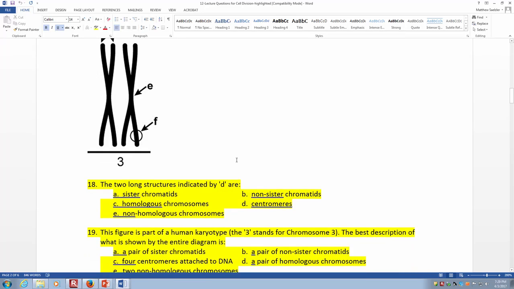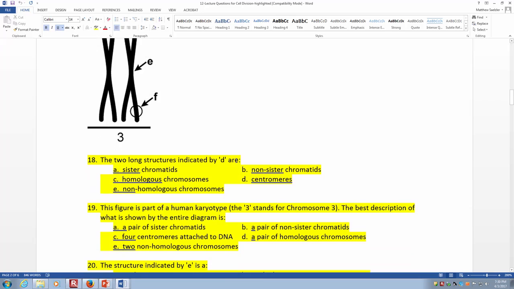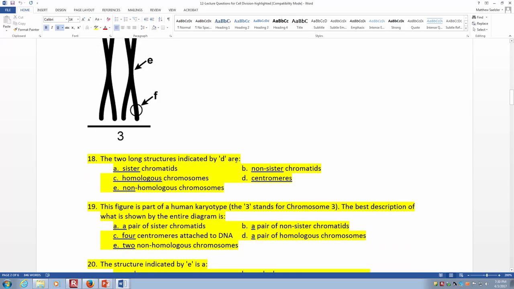This figure is part of a human karyotype. The 3 stands for chromosome 3, so those are the two chromosome number 3s. The best description of what is shown by the entire diagram is what? Right, D, a pair of homologous chromosomes. So the two chromosome number 3s would be homologous chromosomes. They carry the same set of genes.